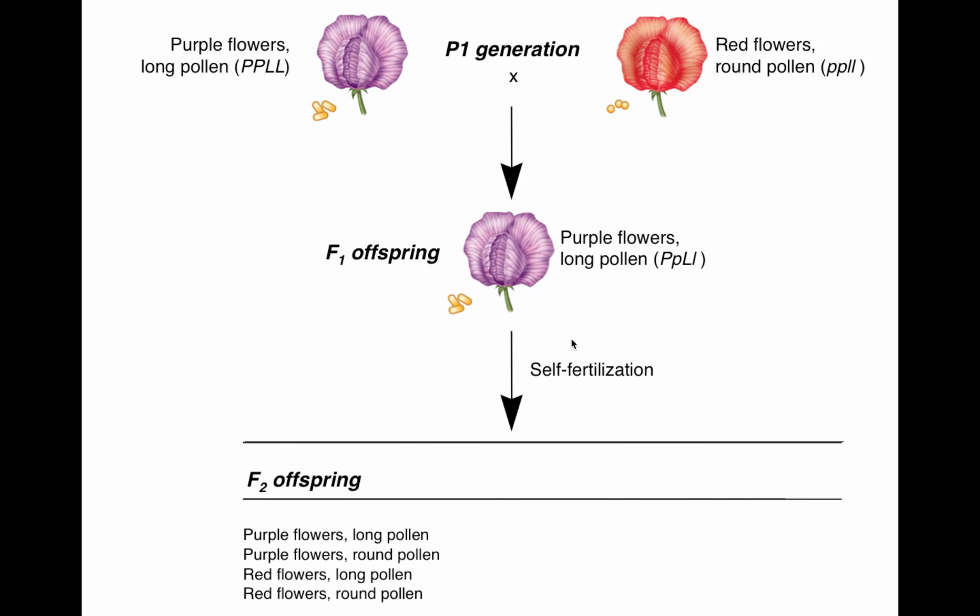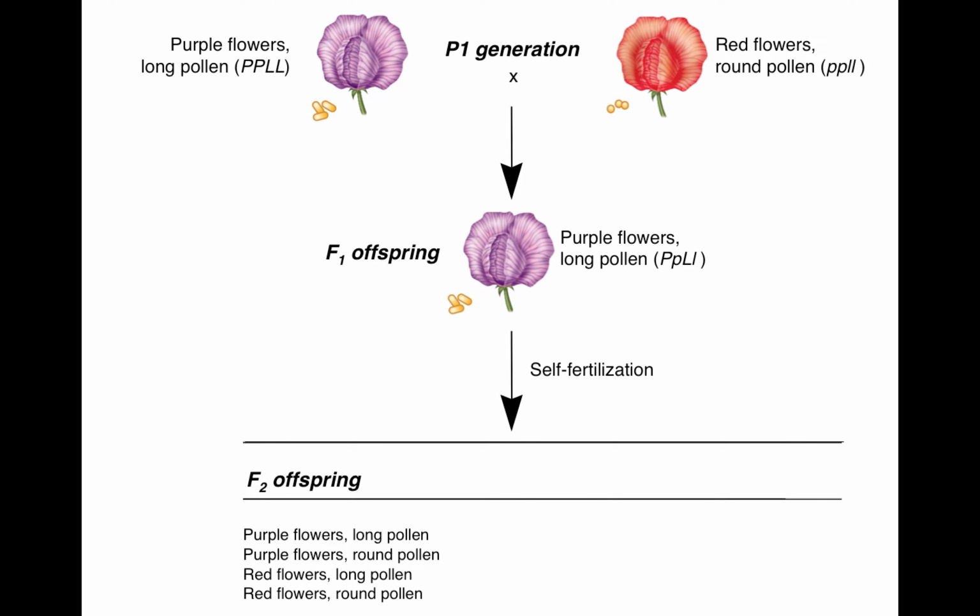Let's see what happens with these flowers. We take a purple flower with long pollen grains and cross it to a red flower with round pollen grains, little ones. The F1 offspring are all purple with long pollen, so we determine that those are the dominant phenotypes.